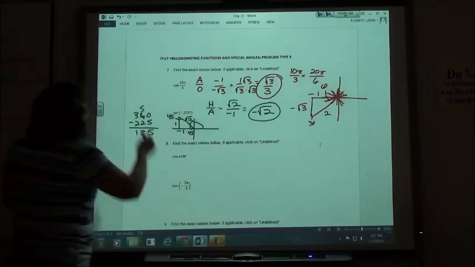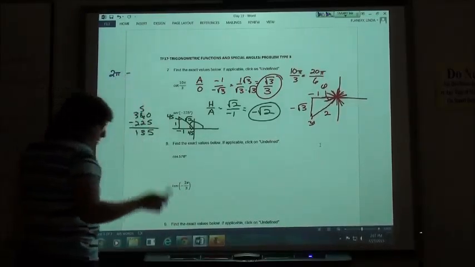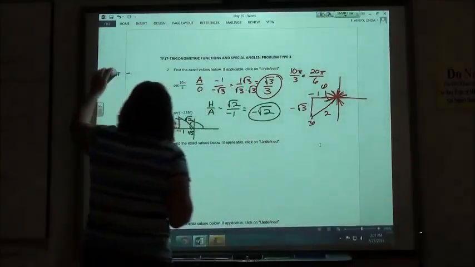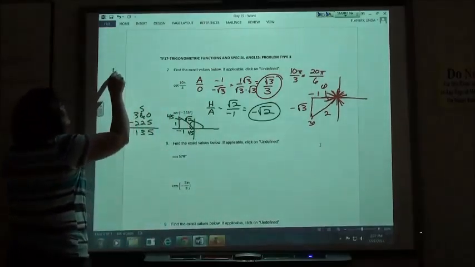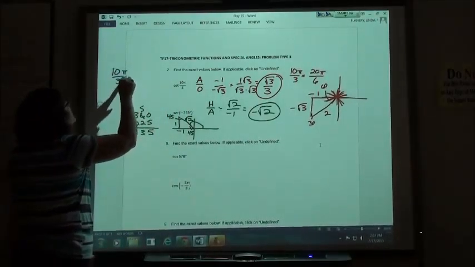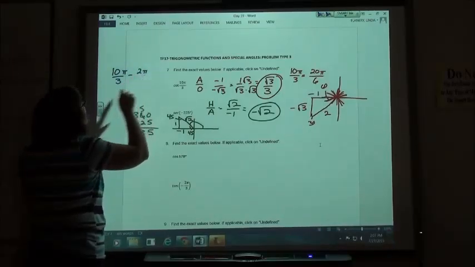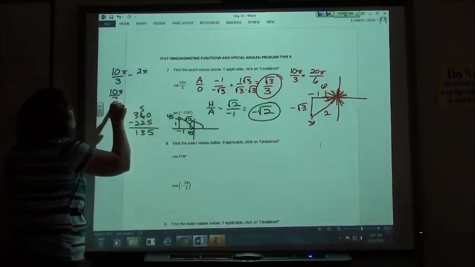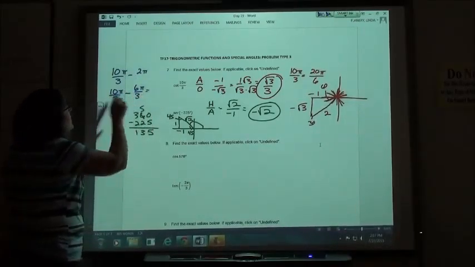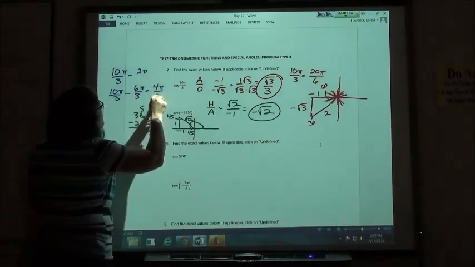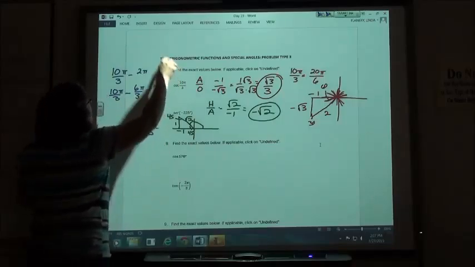So just for fun, I want to take 10 pi over 3 and subtract 2 pi. 2 pi, if I take that times 3, 10 pi over 3 minus 6 pi over 3 would give me 4 pi over 3.